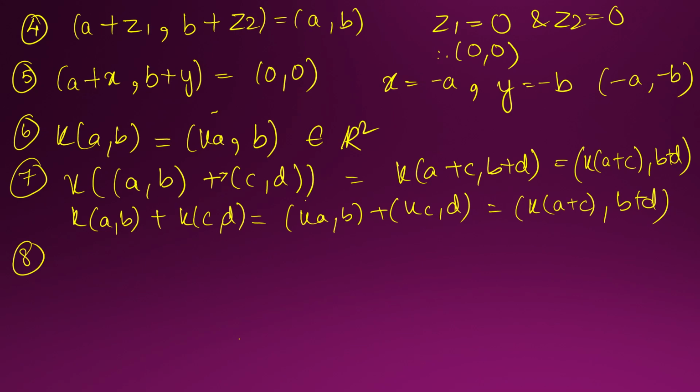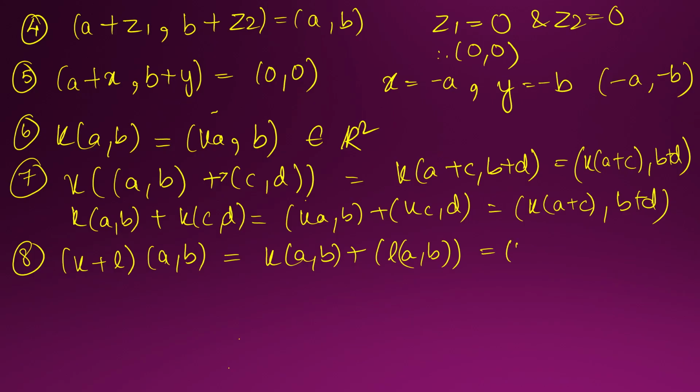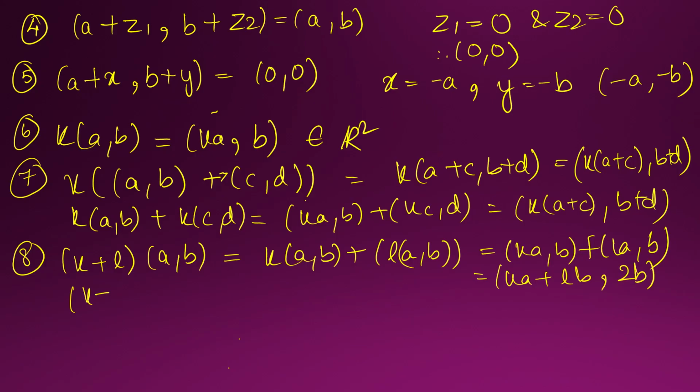So eighth property, distributivity over scalar addition. Two scalars K plus L into A comma B will be equal to K of A comma B plus L of A comma B, then KA comma B plus LA comma B. Then we can write it as KA plus LA comma 2B. Now let's distribute them and add.